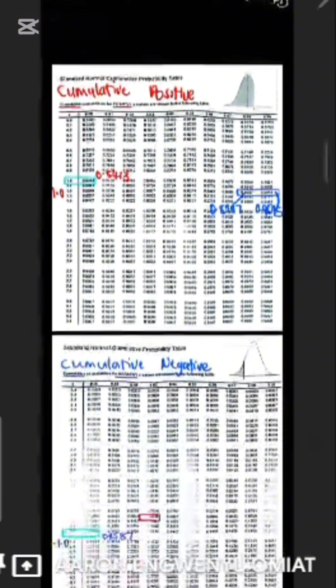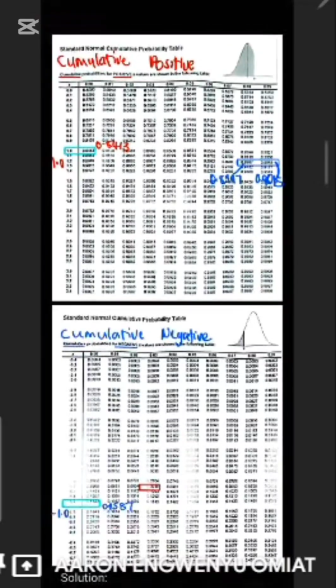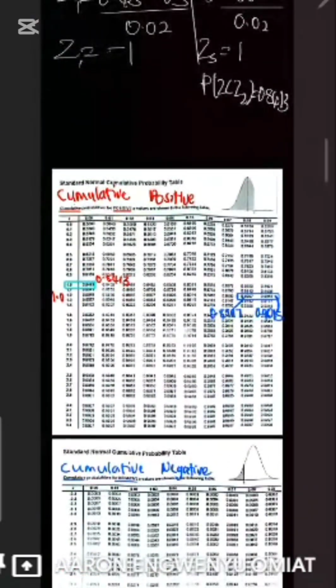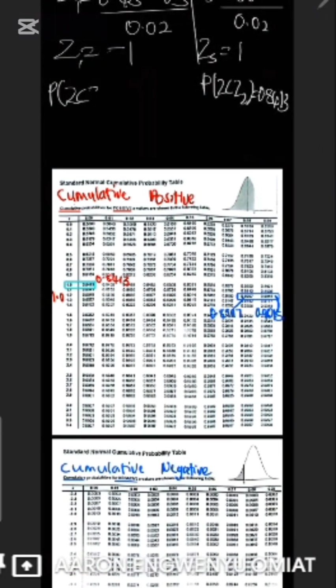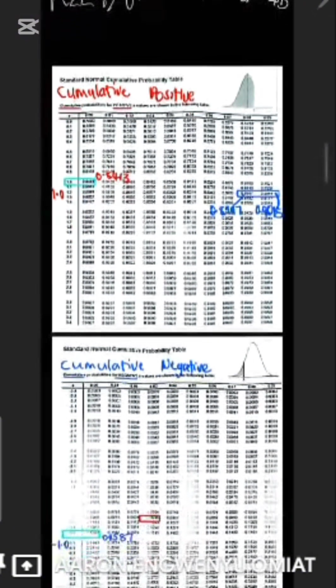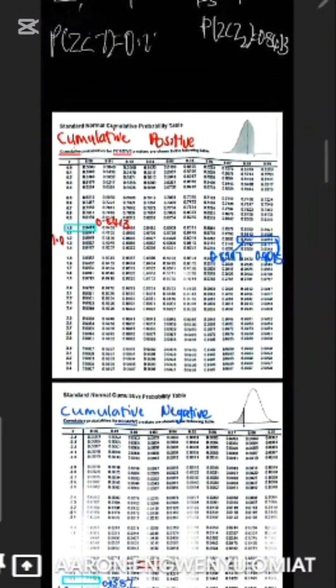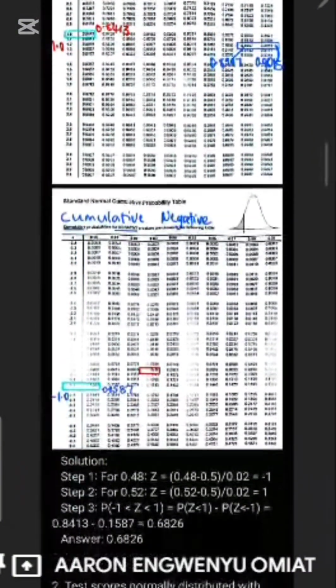Then if you look at the negative z table, the probability of z less than z1, which is z less than negative 1, corresponds to 0.1587. This one, less than positive 1, is 0.8413.